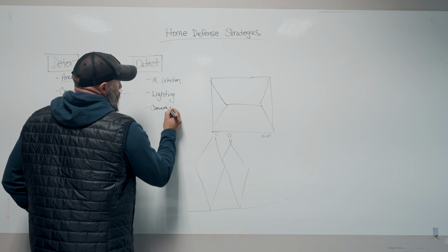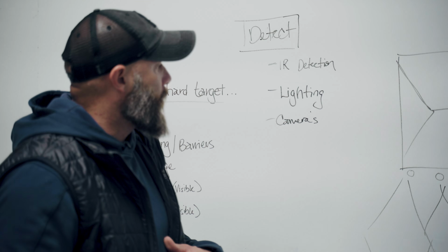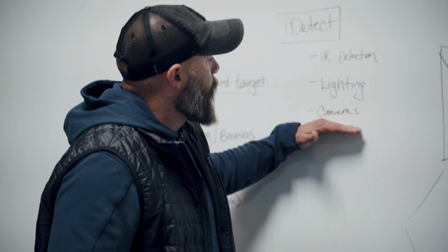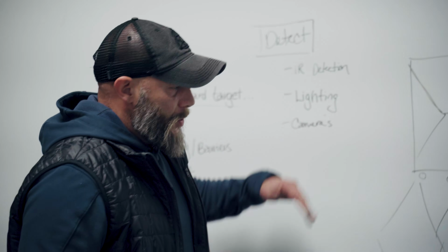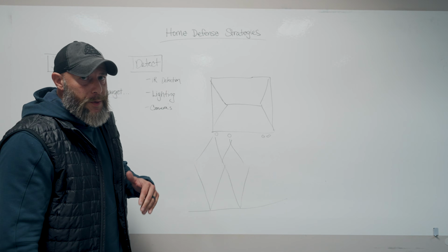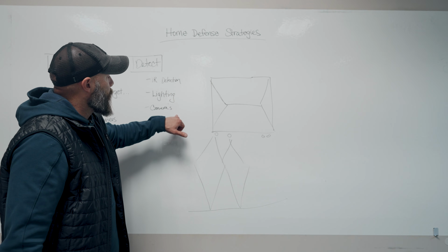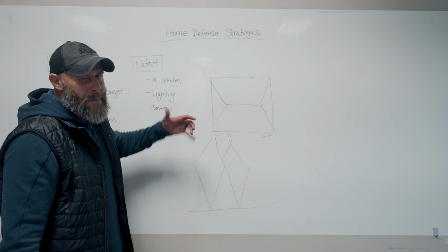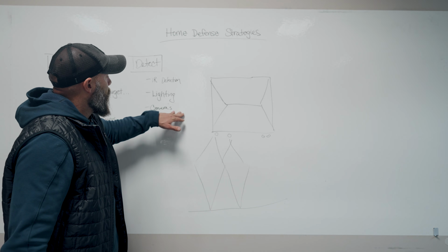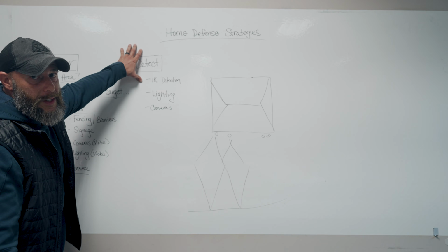With today's cameras, most of the cameras with our modern tech have the ability to see in the dark, to see color in the dark. And those cameras can be at different locations and positions as far as height, for different purposes. I like the idea of having cameras higher and lighting higher specifically so that they're not easily swatted with a bat or a broom, something along those lines. I like having lighting and cameras that are visible on the deterring side, and then those that are not visible.